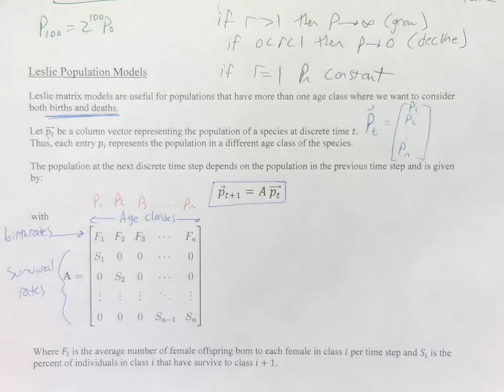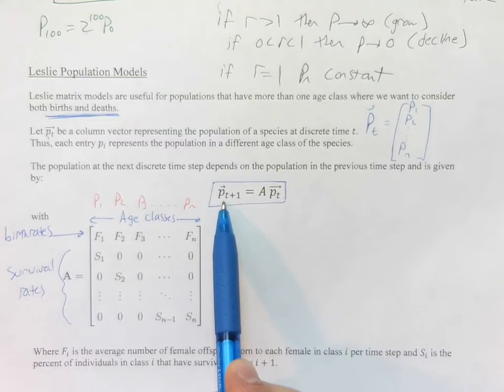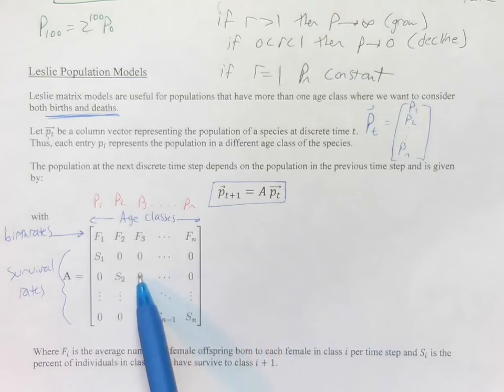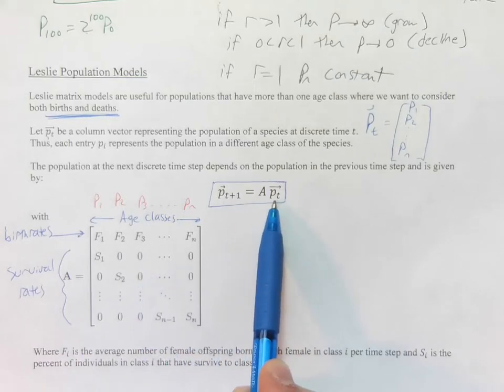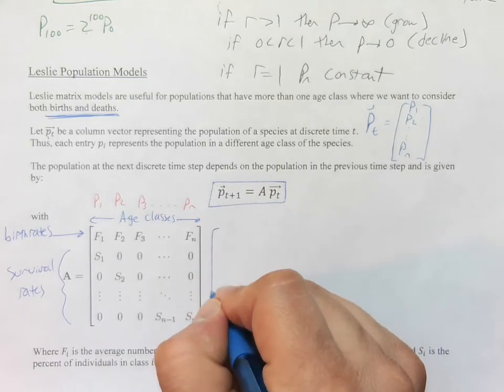But let's think about what happens when we do this matrix multiplication, right? P of t plus 1 equals A times P of t. Here's A. Let's multiply this by the column vector P sub t.